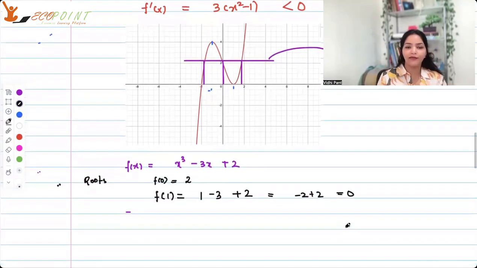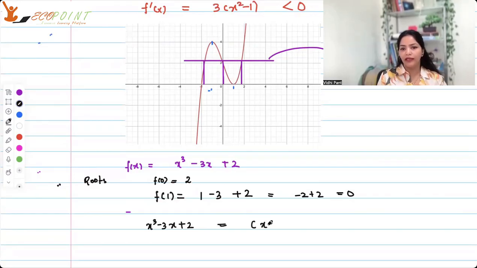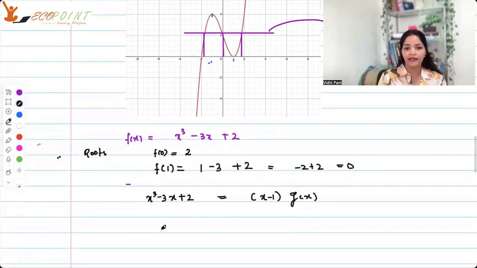So in case 1 is one of the roots, that means I can say that x cubed minus 3x plus 2 is equal to x minus 1 into some other polynomial g(x), and we can find this g(x) by dividing x cubed minus 3x plus 2 by x minus 1.